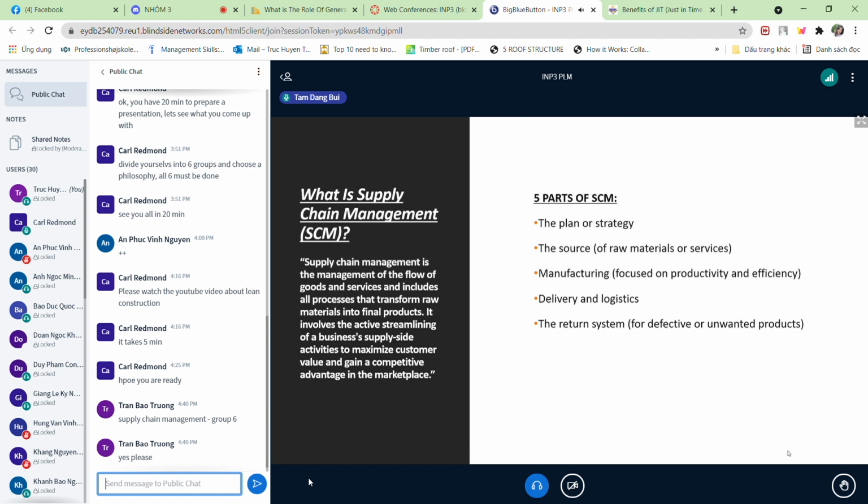There are 5 parts. The first is the plan or strategy. You plan out the things that you're going to produce, then the source of the material that you are going to use for it, then the manufacturing, then the delivery, and finally the return system for any defective and unwanted products.